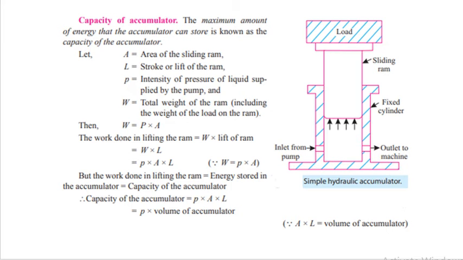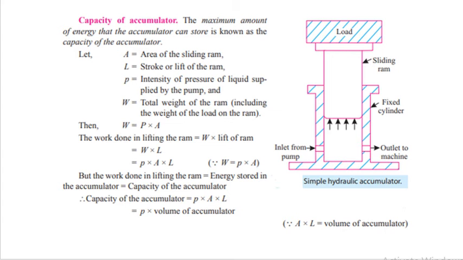this ram is at the lowermost position. During the idle period of the driven machine, that driven machine can be a crane or a lift, high pressure liquid supplied by the pump is admitted in the hollow space of the cylinder. This is the hollow space of the cylinder. It raises the ram on which the heavy load is placed.